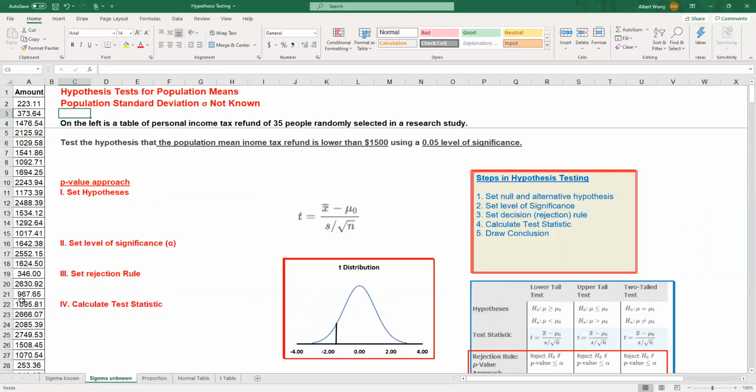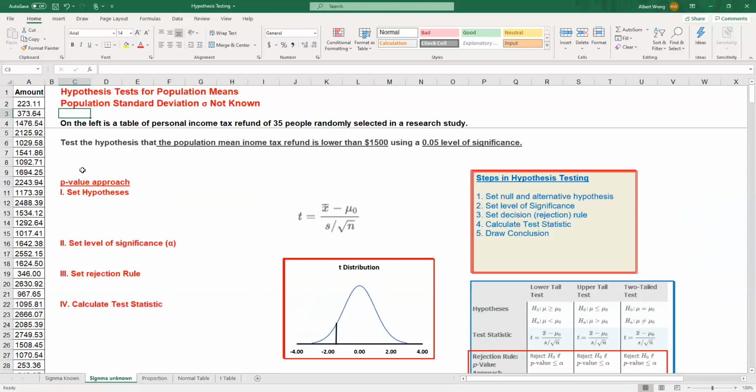So here's the data. What you have to do is summarize that data, and then use it to do the hypothesis test. For our first example, we test the hypothesis that the population mean income tax refund is lower than $1,500 using a 0.05 level of significance.